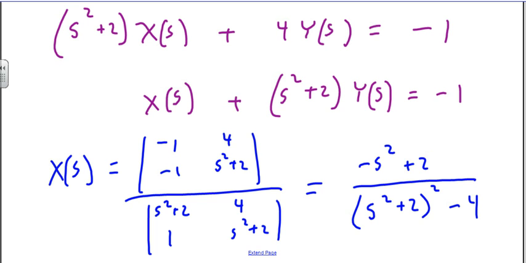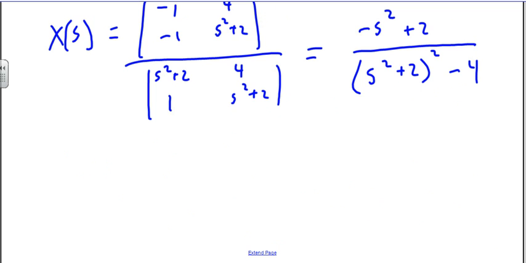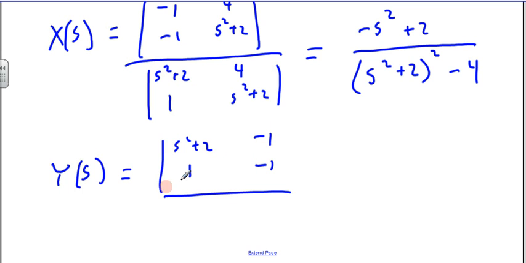Because if I look at my Laplace transform table, that might be helpful. Then I'm going to look at Y of s. What is Y of s going to be? Well, I'm going to have s squared plus 2, 1, and I'm going to have minus 1, minus 1. And on the bottom, I'm going to have s squared plus 2, the quantity squared, minus 4.